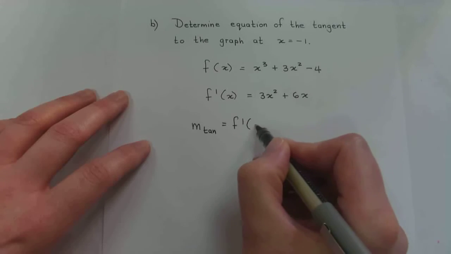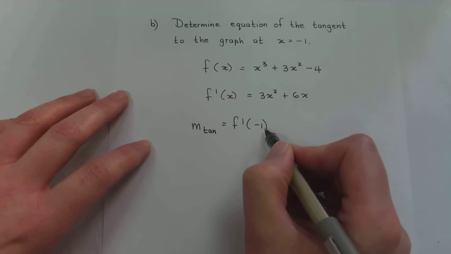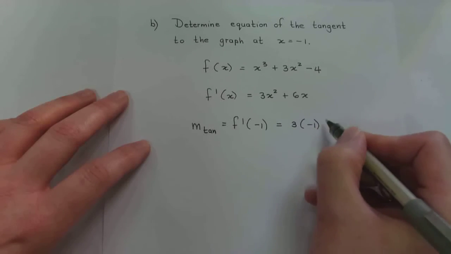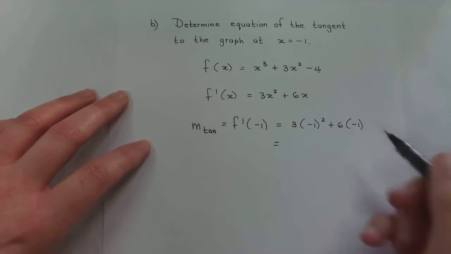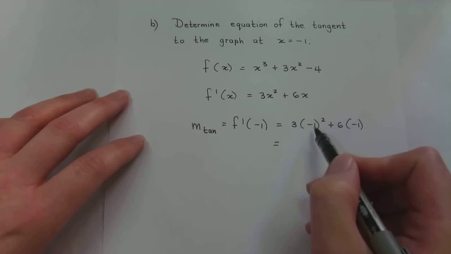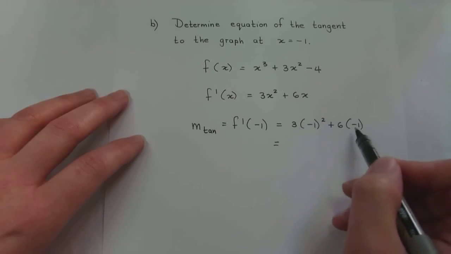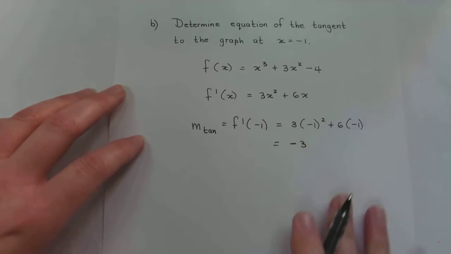Please remember, I do that in order to get the gradient of the tangent, because substituting into first derivatives always gives me gradients. So that's 3 times negative 1 squared plus 6 times negative 1. This is 3 times positive 1, because if you square a negative, it always becomes positive. So it's 3 minus 6, and 3 minus 6 is negative 3. So that's the gradient of the tangent.